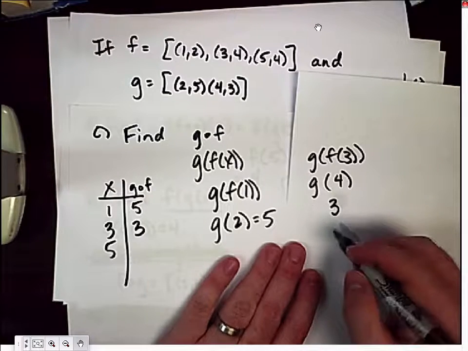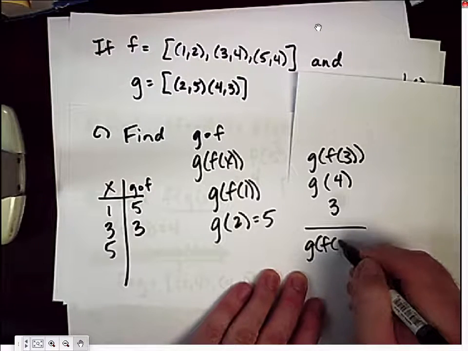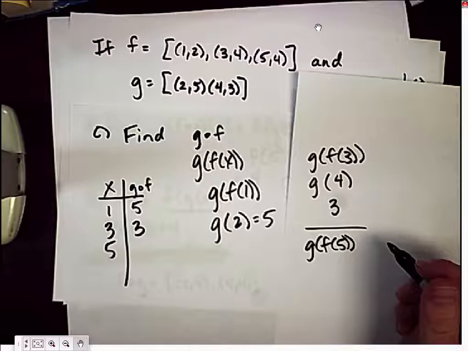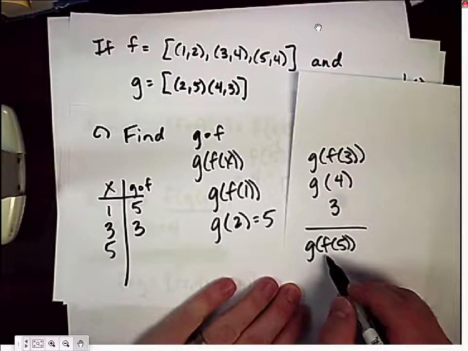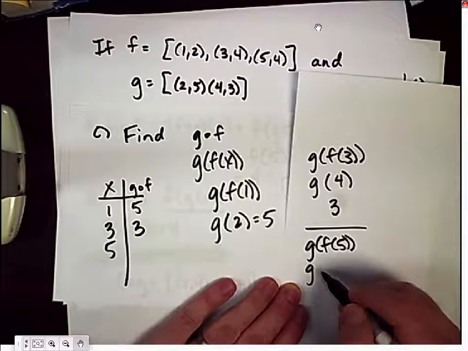So what is the last thing I need to figure out? g of f of 5. Well, what do we plug into what first?